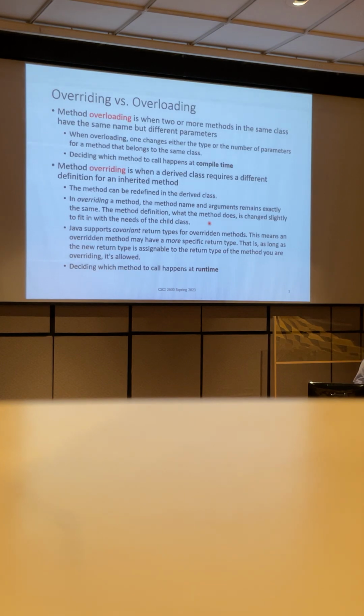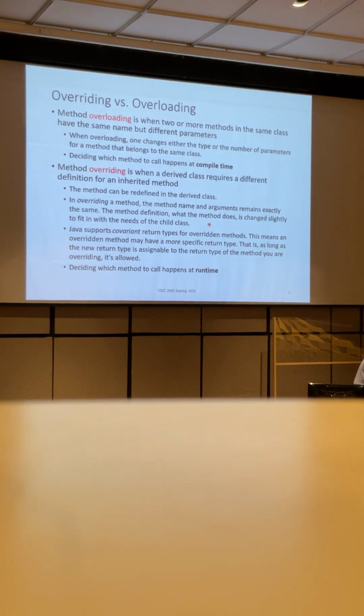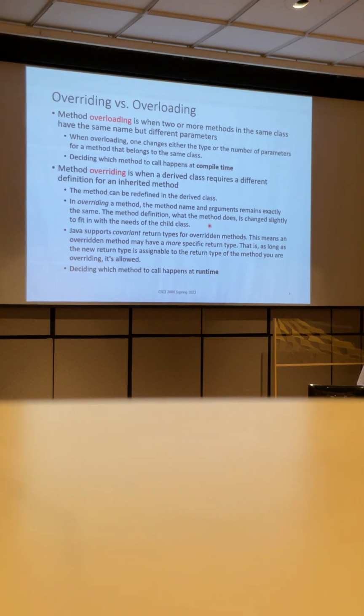All right, so this slide we have already seen before. This is a side-by-side comparison of overloading with overriding. With overloading, we have two or more methods that have the same name, of course in the same class, but different parameters.